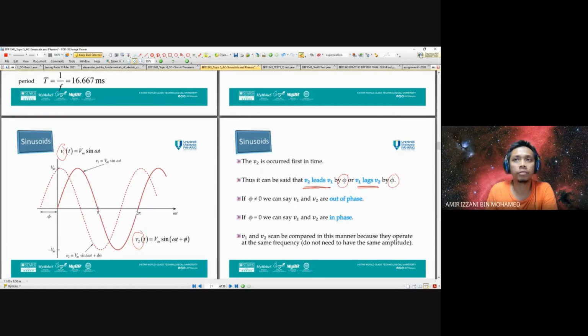If we are looking from the V2 point of view, V1 is lagging. So V2 is leading V1.